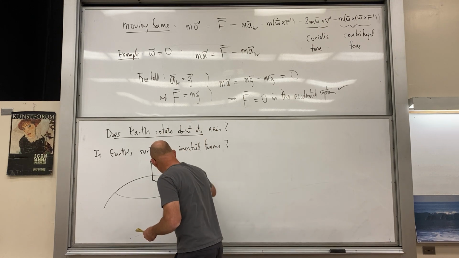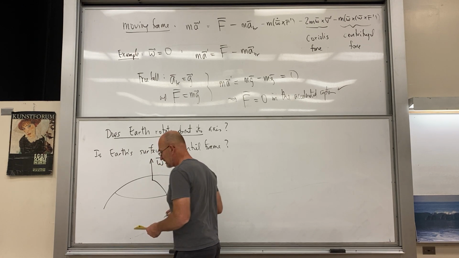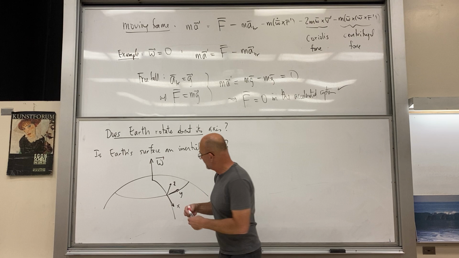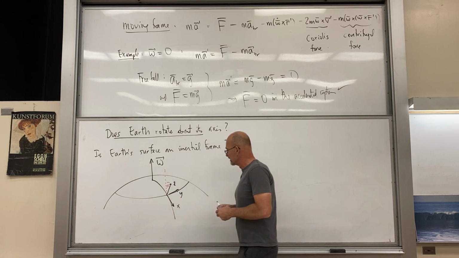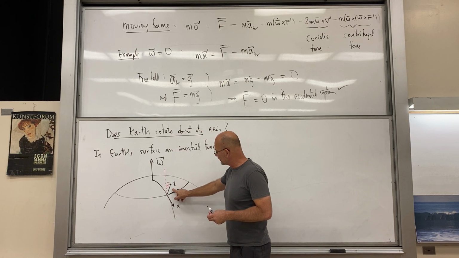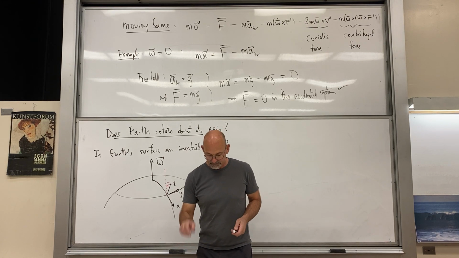In fact, I'm going to tilt the Z a little more. X, Y, Z. And then we'll have a little angle alpha like that. So the Z axis with respect to the omega axis makes this little angle alpha.